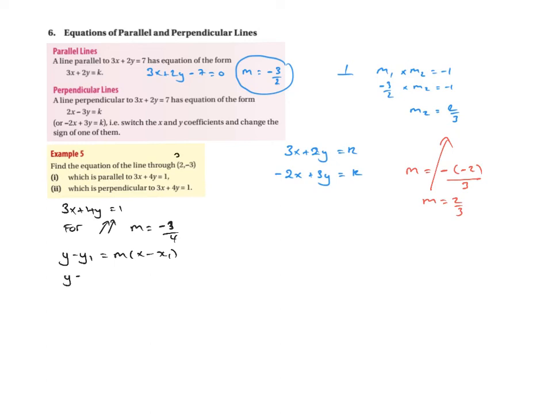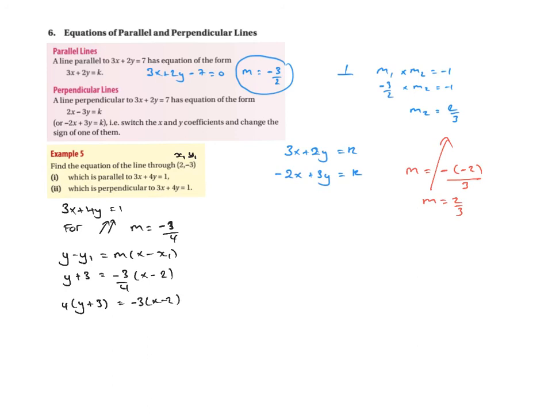So this is my x1, y1. So y minus minus 3 becomes y plus 3 is equal to our m, which we just worked out, which is minus 3 over 4, and then x minus the x value, which is 2. Okay, multiply everything by 4, so we get 4(y plus 3) is equal to minus 3(x minus 2).